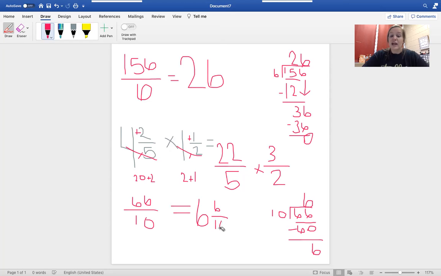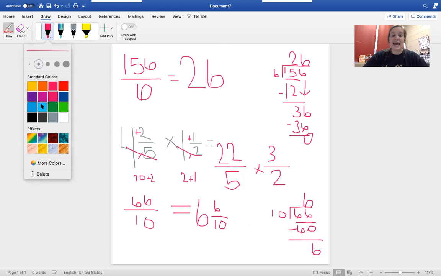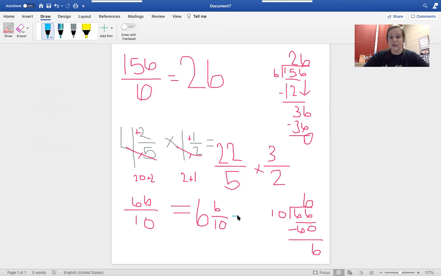So your answer would be 6 6/10. But you can also reduce this one. Remember, when you reduce, you do not do anything with that whole number. So that whole number is actually going to stay 6. But we're going to look at that 6/10. Is there a number that goes into both 6 and 10?